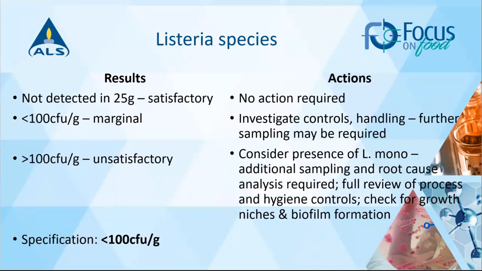Their presence indicates the potential for Listeria monocytogenes to also be present and contaminate food or the contact surfaces. Because of the risk, again, a relatively low specification is required, sort of less than 100 CFUs per gram, and anything exceeding that should lead to an investigation, further sampling.